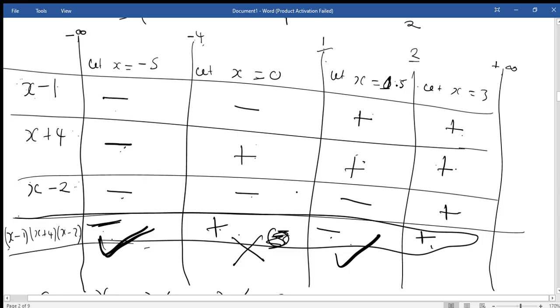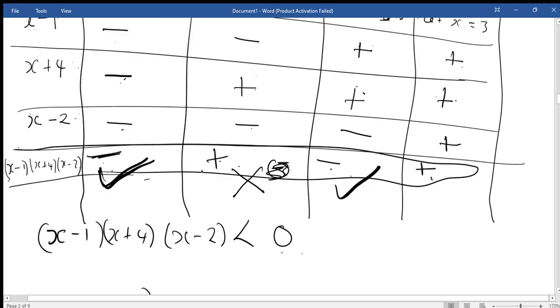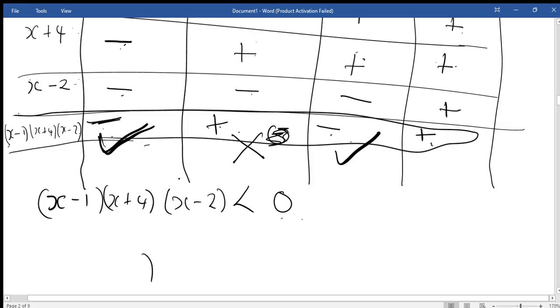So -infinity and -4 are the boundaries, and 1 and 2 are the boundaries in the third column. So in this inequality, we are going to have x to be a member of (-infinity, -4) and (1, 2).